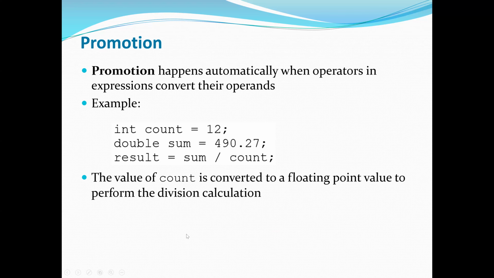Now we say result equals sum divided by count. Remember we said if we are dividing two items and one or both of them are float, then the result will be a float. So automatically 12 will change. The value of count is converted to floating point, because count is int, but it will be converted to floating point to perform the division.